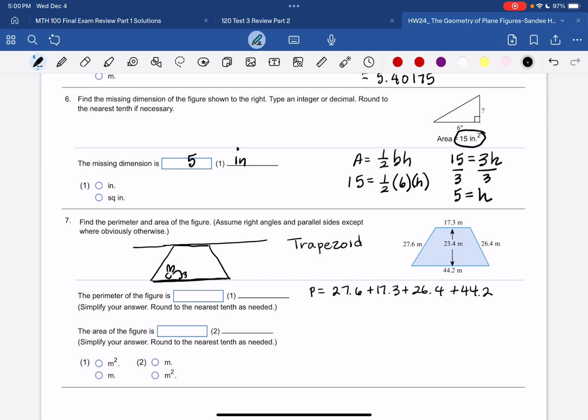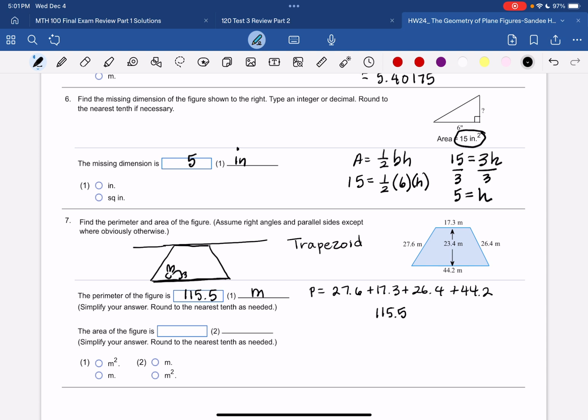So we're just going to use our calculator to find the total. 27.6 plus 17.3 plus 26.4 plus 44.2. That's a total of 115.5. And we're measured in meters, straight meters, single meters, just around the edges.